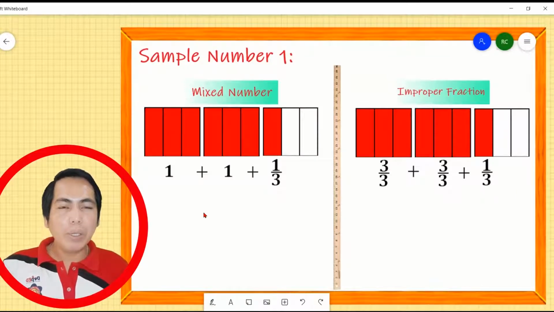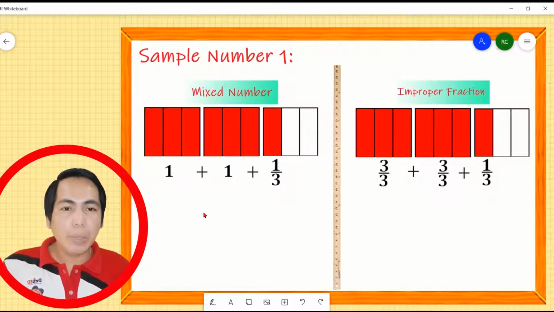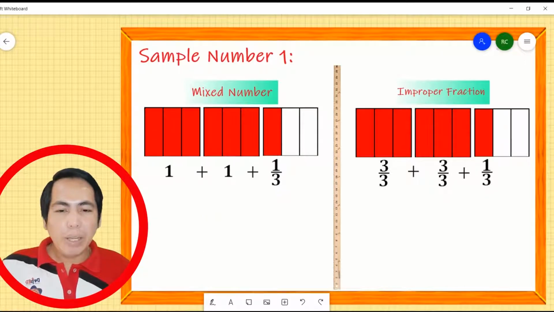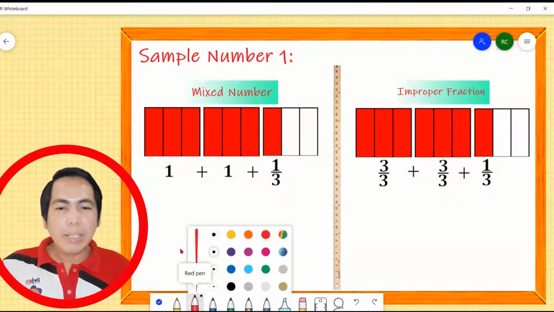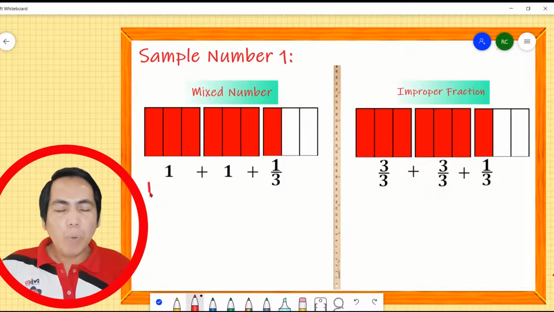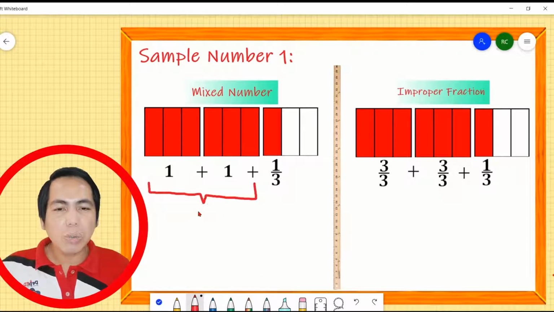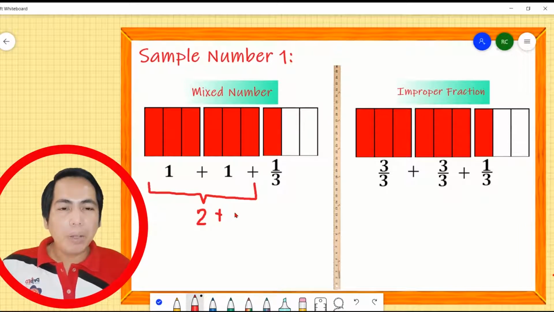So, first, we are going to identify the number of wholes in which the figure is shaded with red. If we look at our illustration, we can see that there are 2 wholes shaded with red. So, this is 2. 1 plus 1 is 2. And then, we also have 1/3, since one part out of the 3 equal parts is shaded with red.